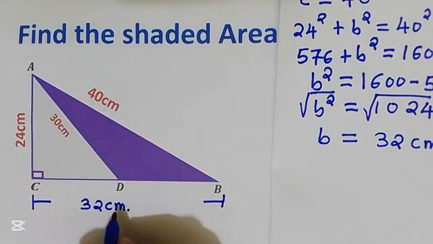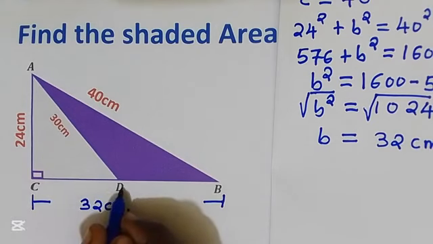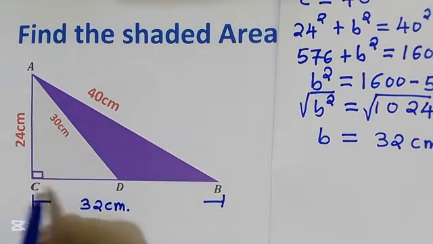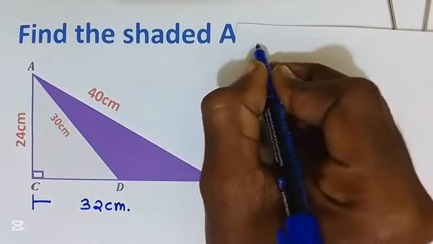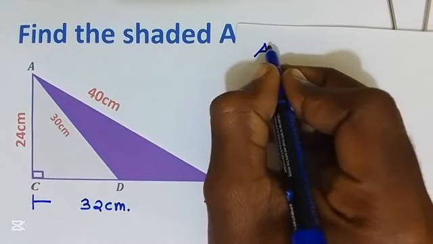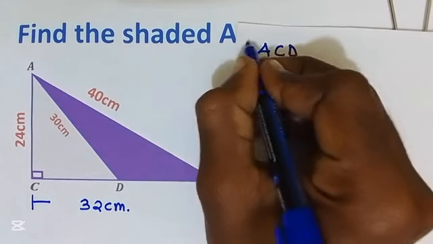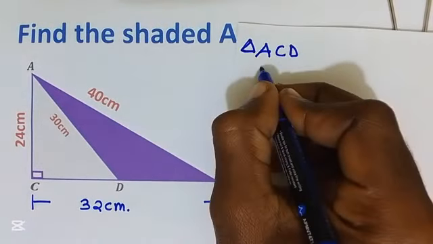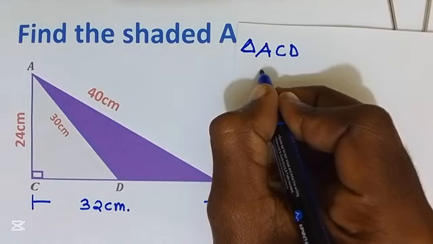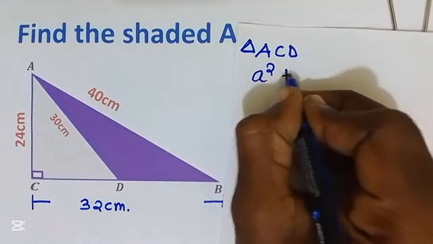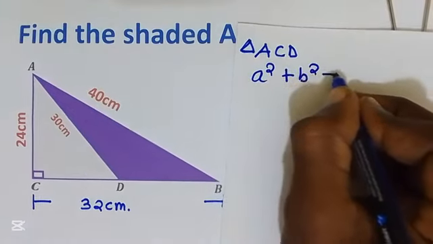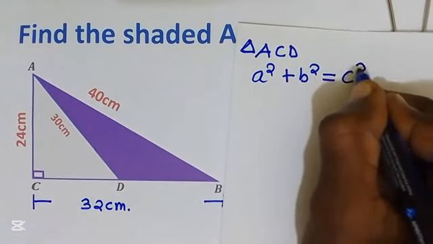centimeter. Now let us find distance CD by using triangle ACD. So I'm going to consider triangle ACD. I'm going to use Pythagoras theory, that is a square plus b square is equal to c square.